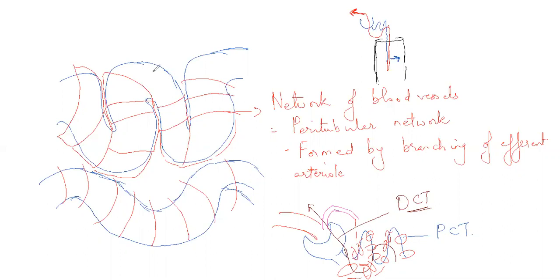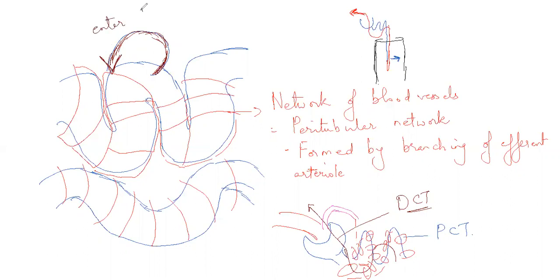So whatever contents are coming out from the PCT enter into the blood. 90% of the solutes, 75% of the water, all of these contents enter the blood from the filtrate.